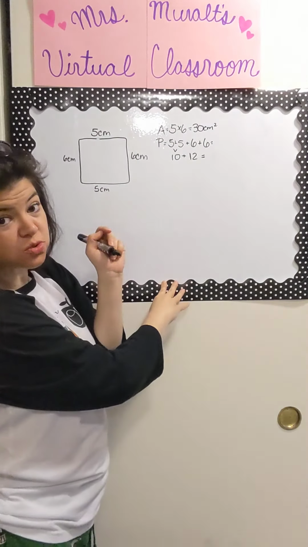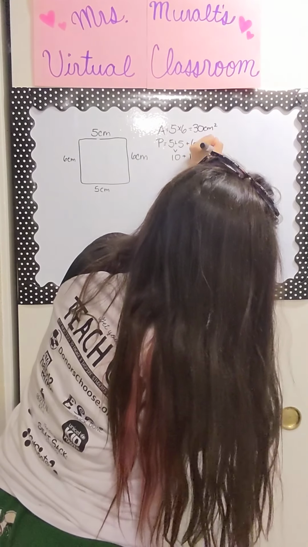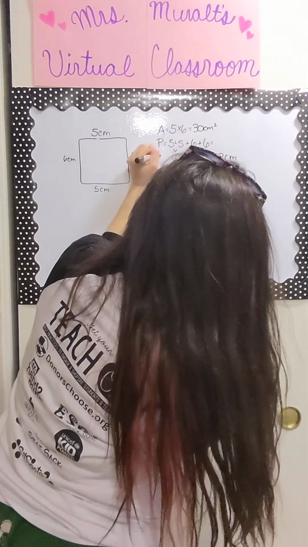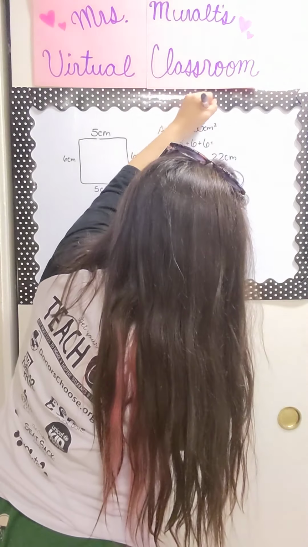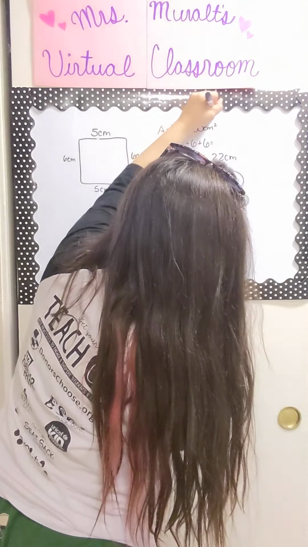So 10 plus 12 is 22. So now we have our area and our perimeter. They want us to find a new rectangle that has the same area but a different perimeter.